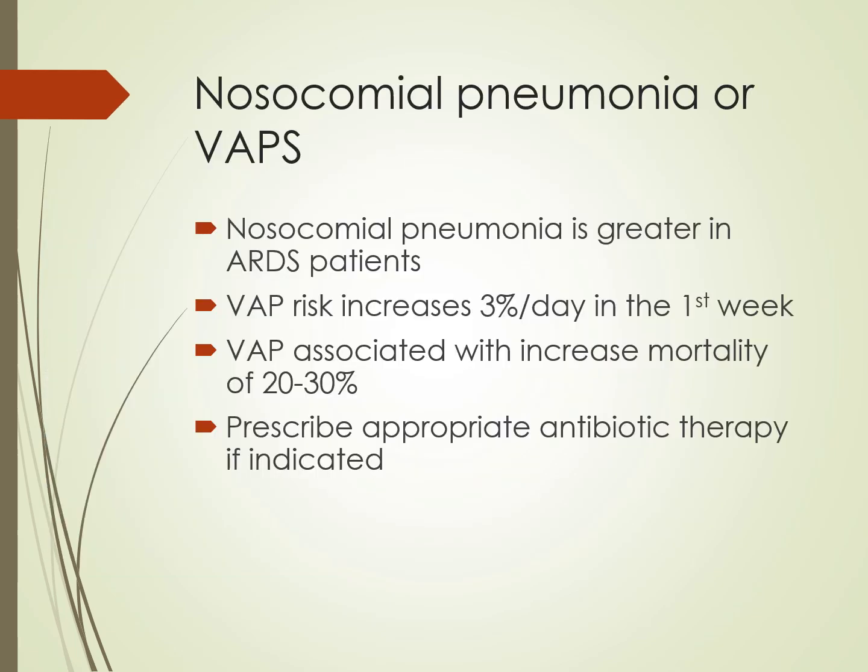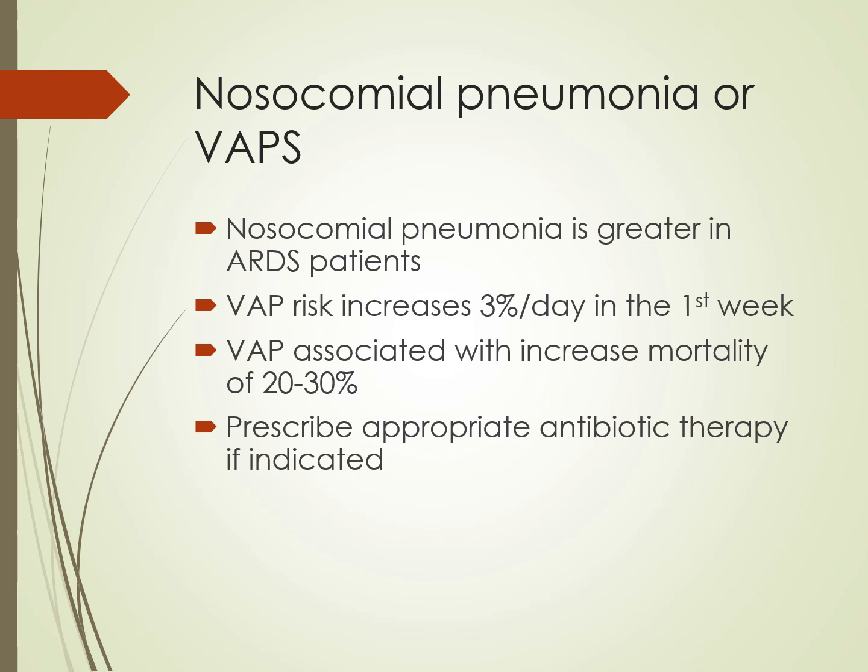One of the things you really have to look at is, if someone has ARDS and is likely to be on a ventilator for a long period of time, they could get VAP, ventilator-associated pneumonia. Nosocomial pneumonia is greater in ARDS patients. All studies have shown that the longer a patient is on a ventilator, the greater chance they're going to get a VAP infection.